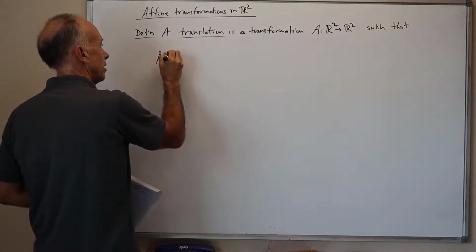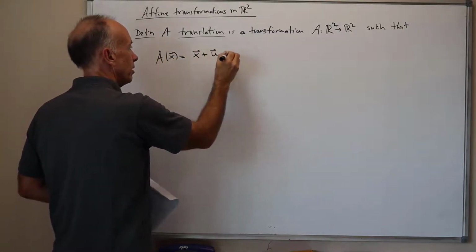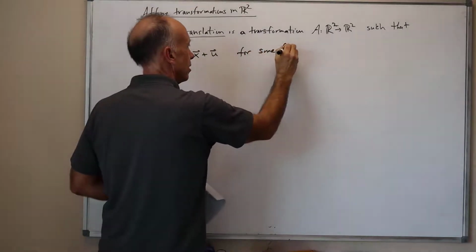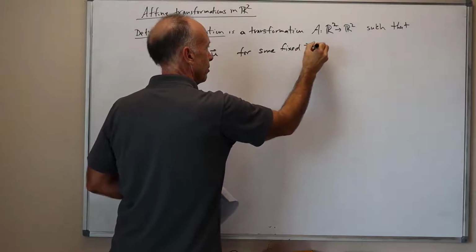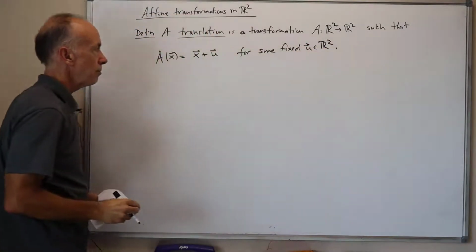A of x is equal to x plus u for some fixed point or displacement u in R2.